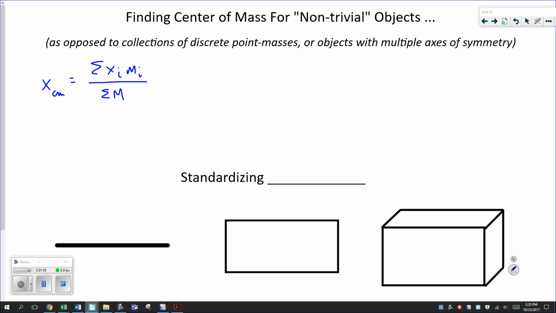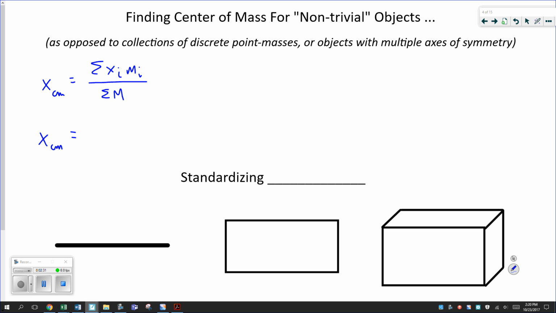So we can turn this into something else. Because if we say that a system isn't this object and that object and this object, but a whole bunch of objects, like for example in a continuous body like this, an extended body, what we can do is consider the fact that an object is made of lots of little parts.